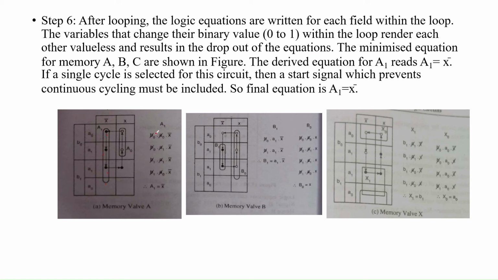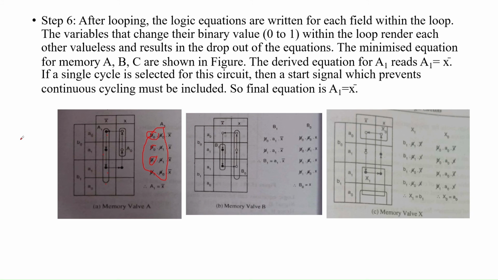We can see that B0 changes to B1 in this loop, and A0 changes to A1 and A1 to A0. This changing value is considered valueless and they drop out of the equation, and at the end we get A1 equals x bar. That is the final equation.